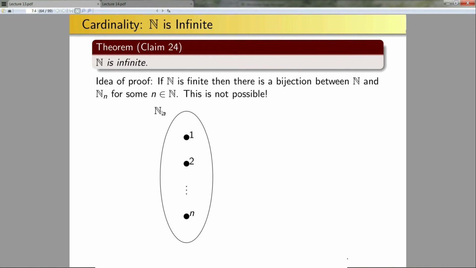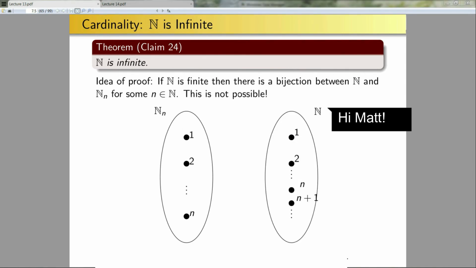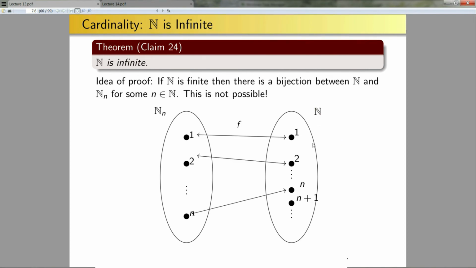So here I have N sub n, just 1 through n, and here I have my friend N. Now if I have any injection from N sub n to N, I can do that trick that I did previously to rewrite a new injection f that maps, say, 1 to 1, 2 to 2, all the way up to n to n. So that's possible by the same construction argument that I did previously.